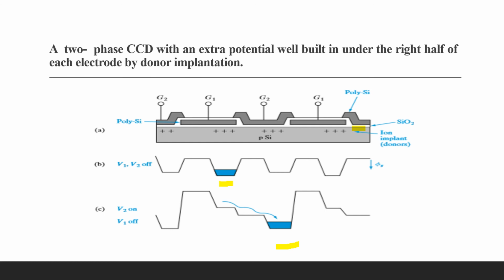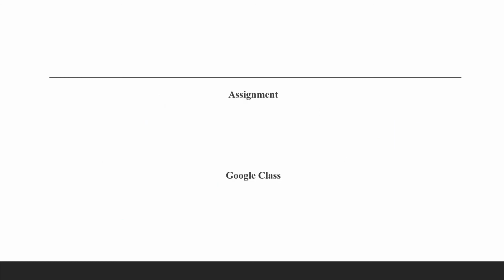Then you implant these ions which are donors, and then you can see polysilicon here, which is shown by this black, and here you can see the gate G2 is connected with a metal electrode, then G1, then G2 and G1, and so these are the three structures. This is the final structure which we have discussed so far.